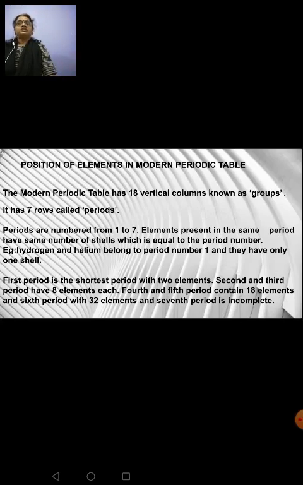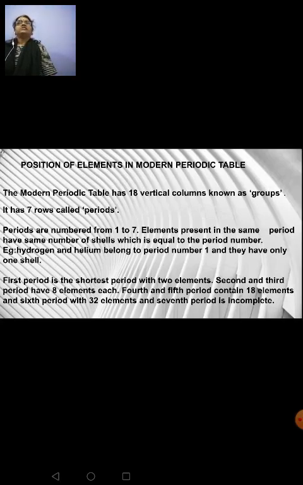Let's take the example of elements coming under period 1: hydrogen and helium. The atomic number of hydrogen is 1 and that of helium is 2. Therefore, the number of electrons possessed by hydrogen is 1 and by helium is 2. So the atomic number tells you the number of electrons. You have also learnt the distribution of electrons: the first shell can hold 2 electrons, the second shell onwards 8 electrons, the third 18, and it goes on like that.